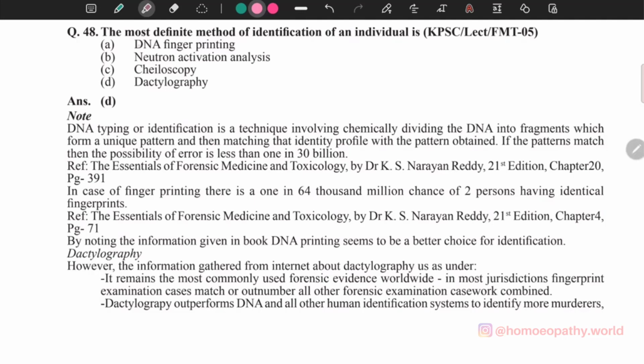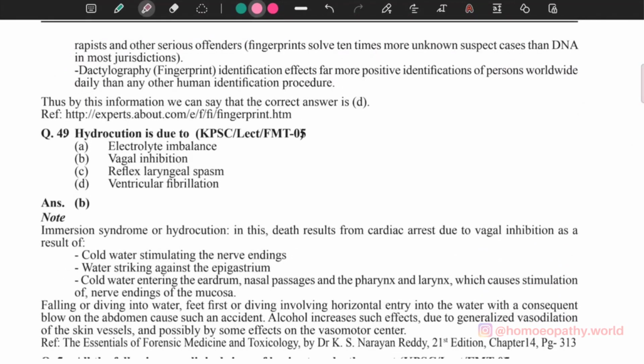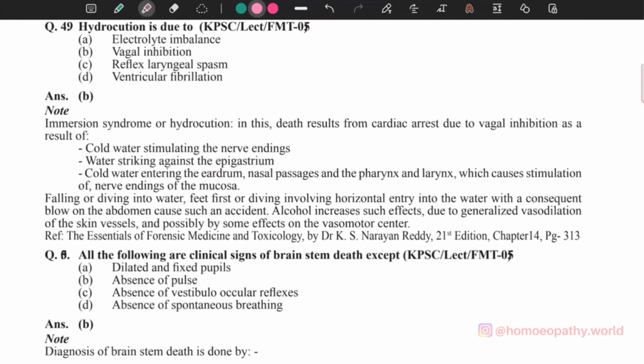So the answer could be DNA fingerprinting or DNA typing. But here, because DNA printing or typing is not given, the answer is given as dactylography. Okay, that might be wrong, but if you have DNA as an option, you should always mark DNA first.